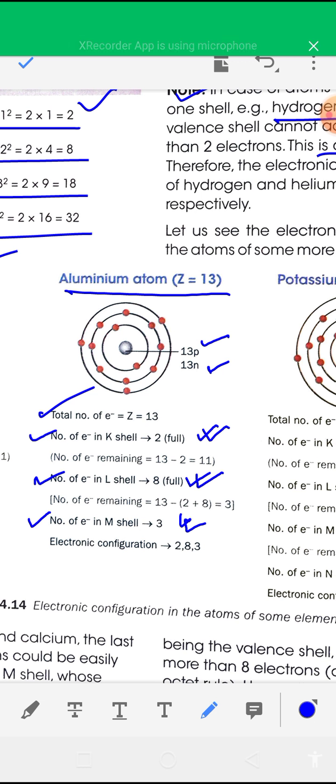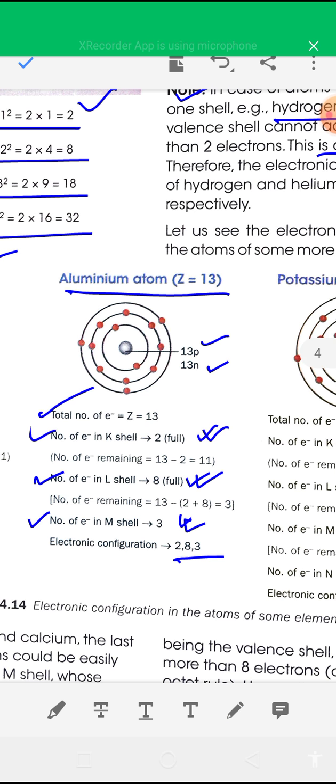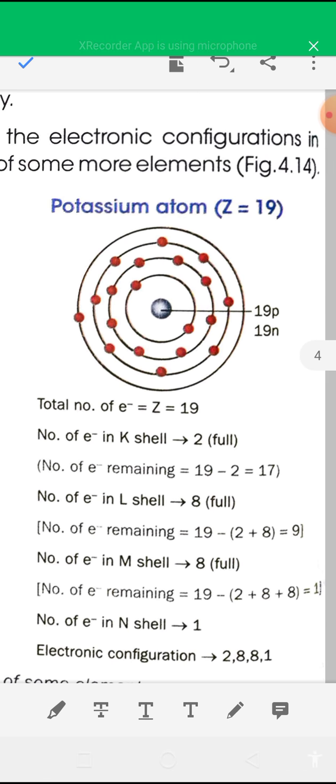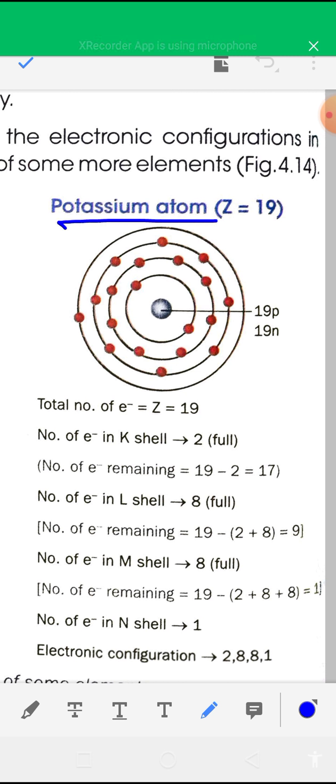So total 13 electrons you have arranged, and the electronic configuration of aluminum is 2, 8, 3. Now see the electronic configuration of potassium, atomic number is 19. In potassium, 19 protons and 19 neutrons are in the nucleus, and 19 electrons are revolving around the nucleus in different shells.